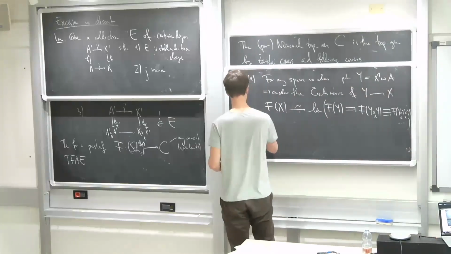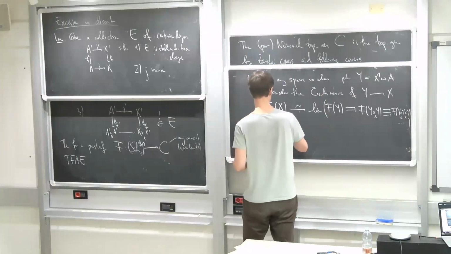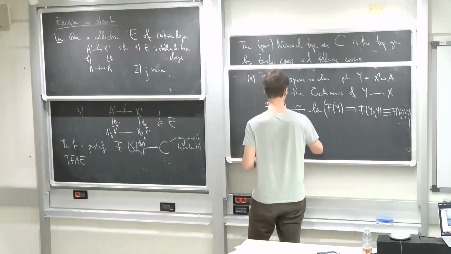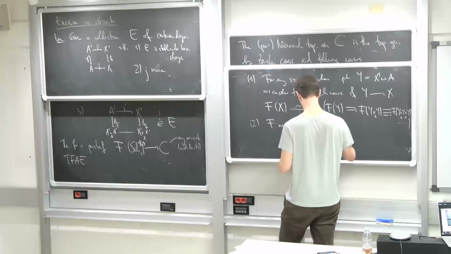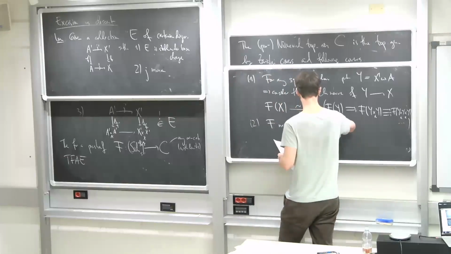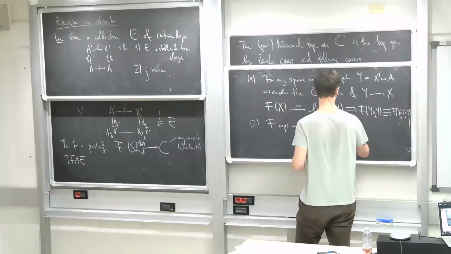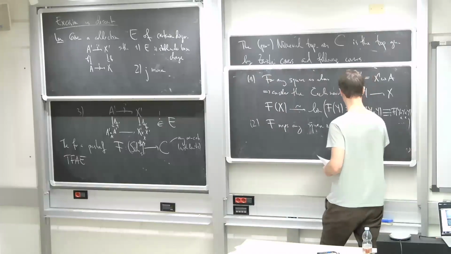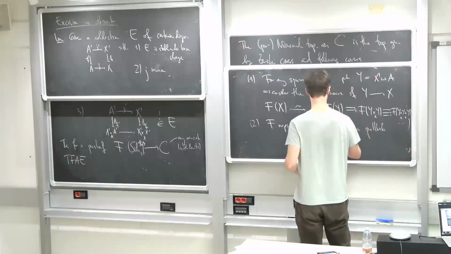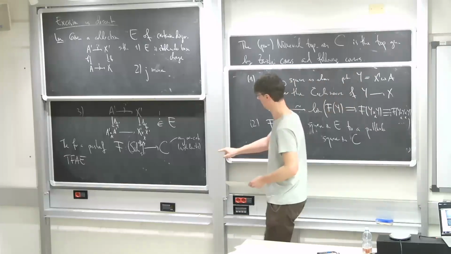And the much simpler condition is that f maps any pullback square, maps any square in E to a pullback square in F, in C, in this Y category.